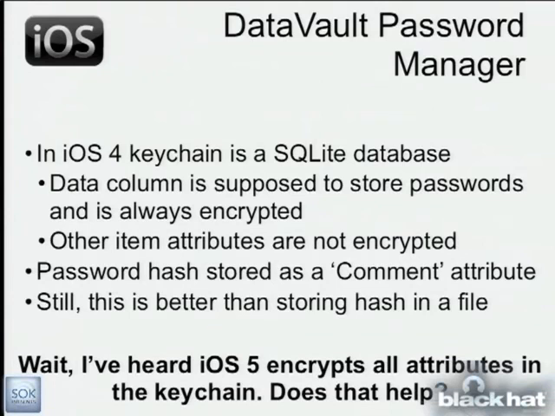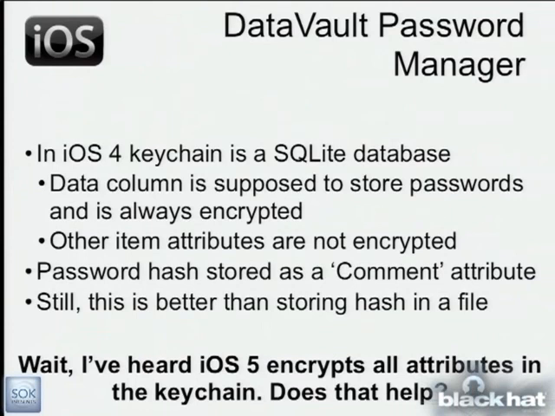But on iOS 4, all other attributes are still stored in plain text. So if you have iOS 4 on your device, the SHA-256 hash of your password will be stored in plain text. So you don't need to have the passcode to extract that value. So it's, again, a wide, broad way for attack.